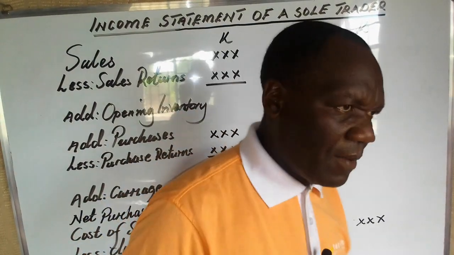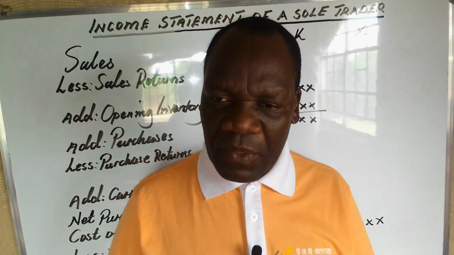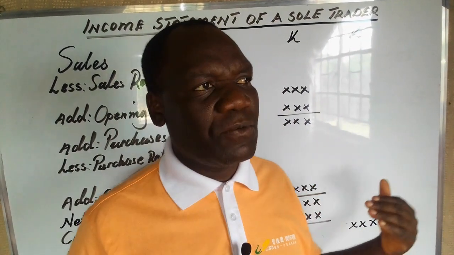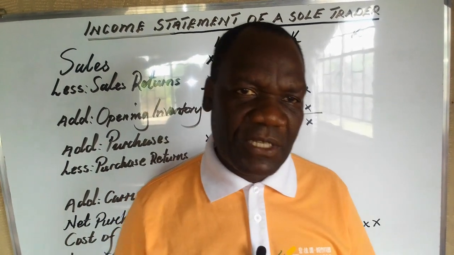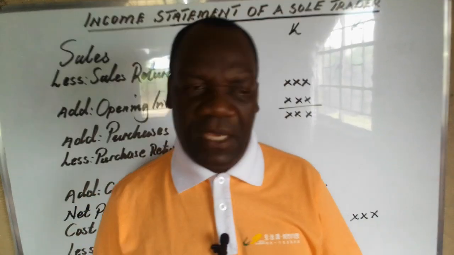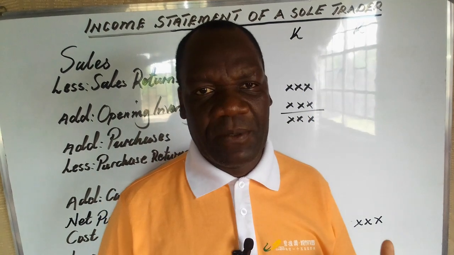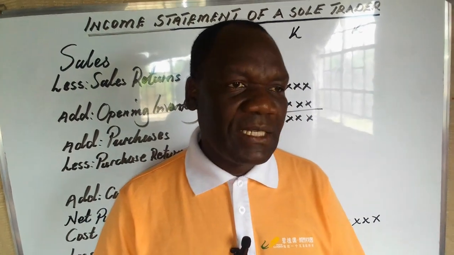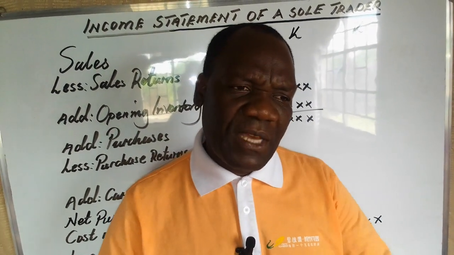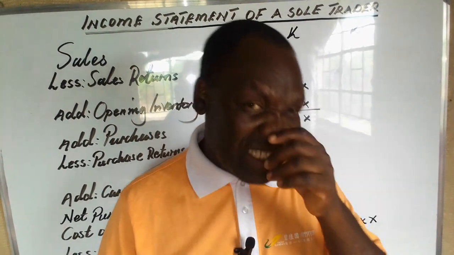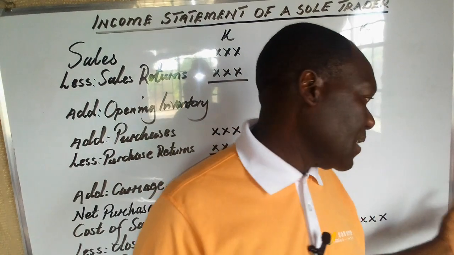Alright, when you reach here, the journey has not yet ended. Why? Because there are certain gains that are associated with the gross profit. For example, if during the accounting period you received a commission, okay, you add to gross profit. If you had allowables, okay, you were allowed, or there was a discount that you received as a company, it comes there.